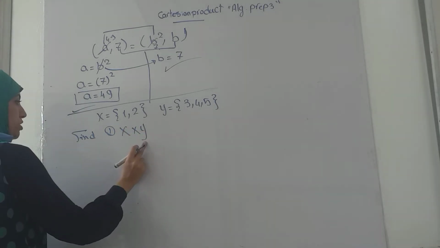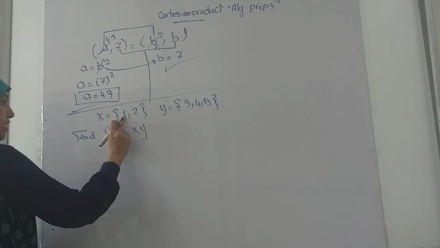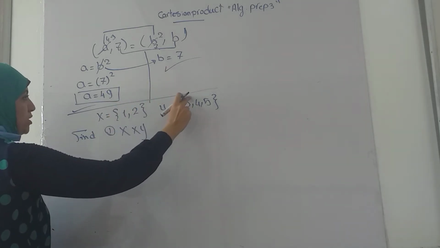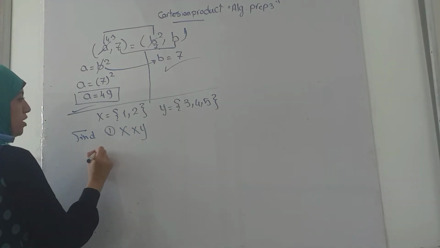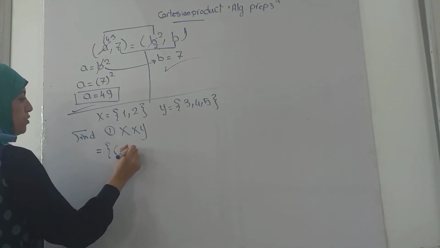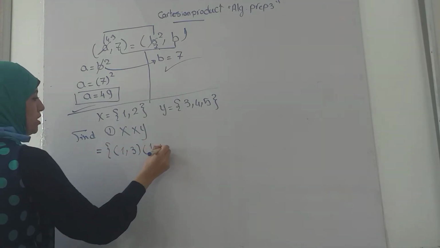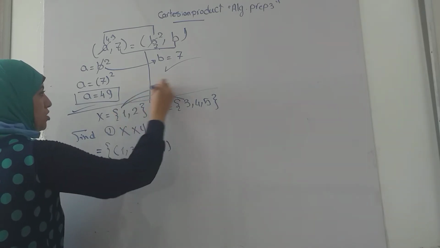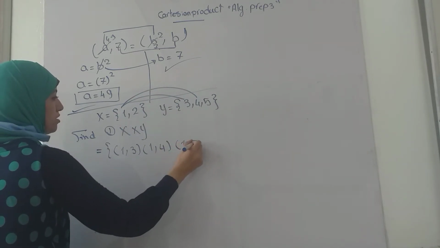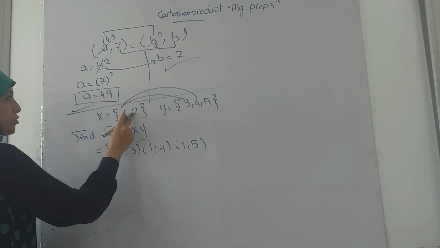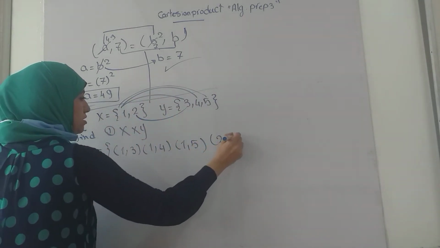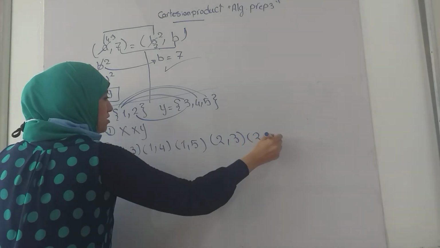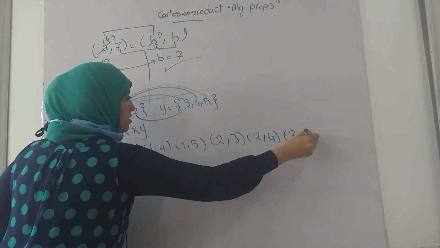X Cartesian product y means each element in x is paired with elements from y. So x by y equals (1, 3), (1, 4), (1, 5). After 1 we take 2: (2, 3), (2, 4), (2, 5).